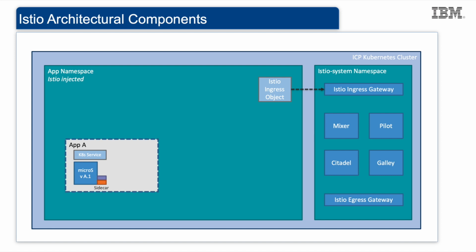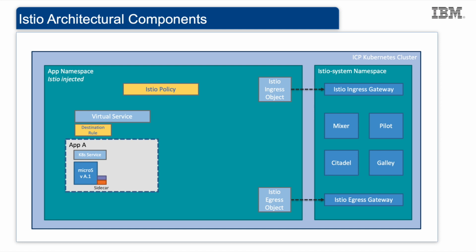In the same Istio-enabled namespace, an object referencing the Istio Ingress Gateway gets created, and the same happens for the Egress Gateway. At namespace level, an Istio policy, which defines the security and the access modes within the mesh, for example mutual TLS, gets created.